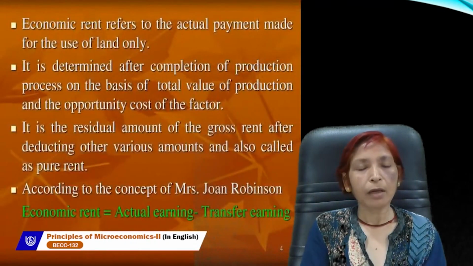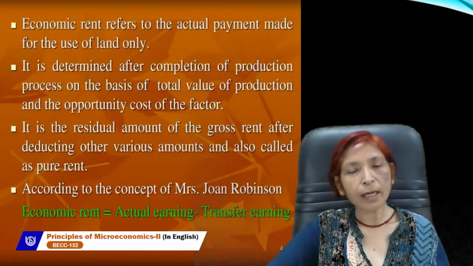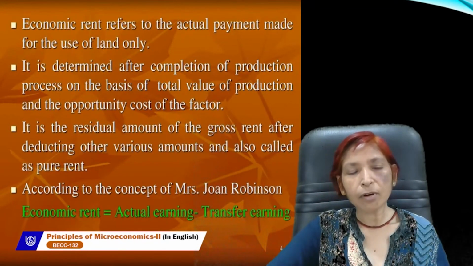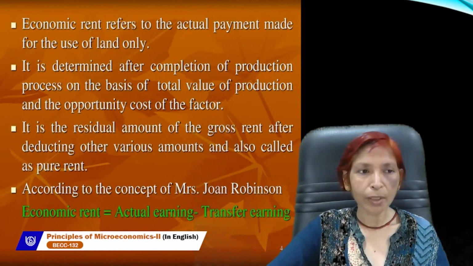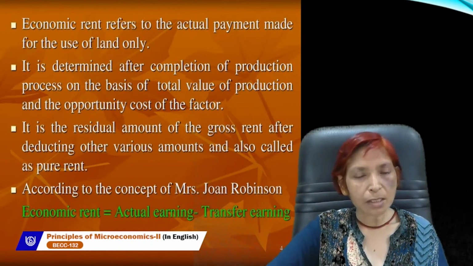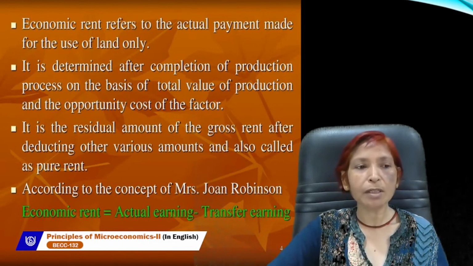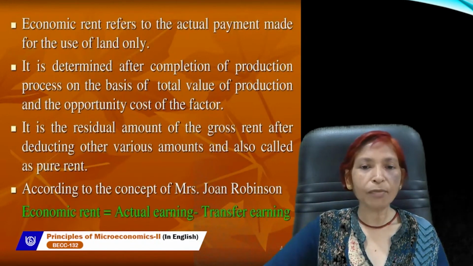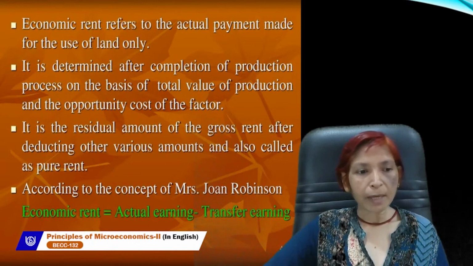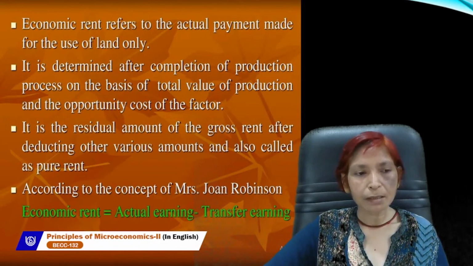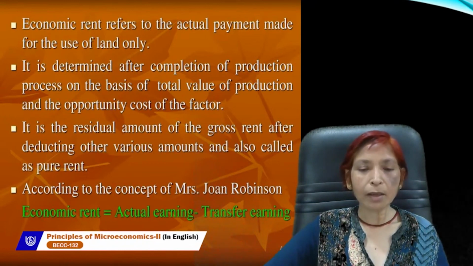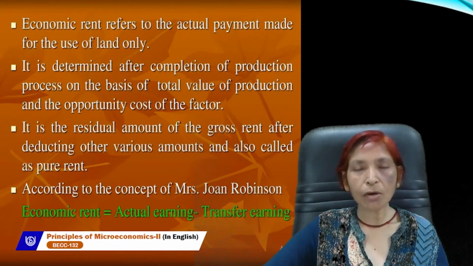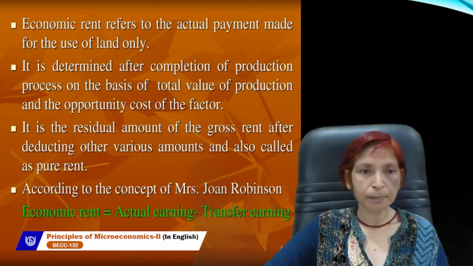Next, economic rent refers to the actual payment made for the use of land only. It is determined after completion of the production process, on the basis of the total value of production and the opportunity cost of the factor. It is the residual amount of the gross rent after deducting various other amounts, also called pure rent.